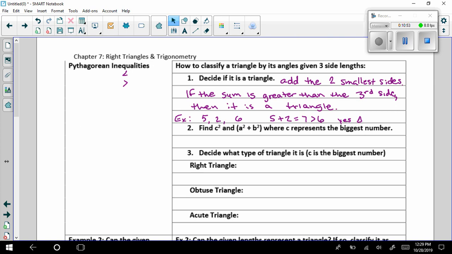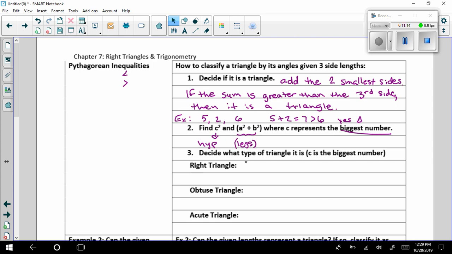All right, so then we can classify the triangle in terms of its angles, right? Obtuse or acute. So we find c squared, remembering that c is the biggest number, which is your hypotenuse. And we look for a squared plus b squared, which is the sum of the legs squared.